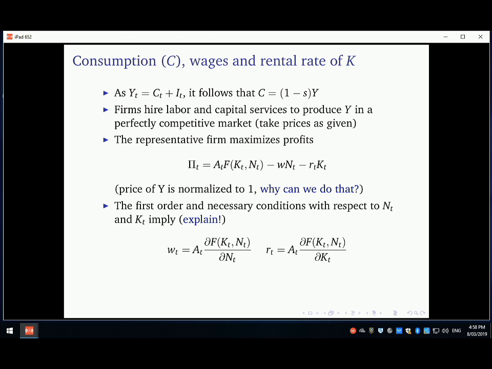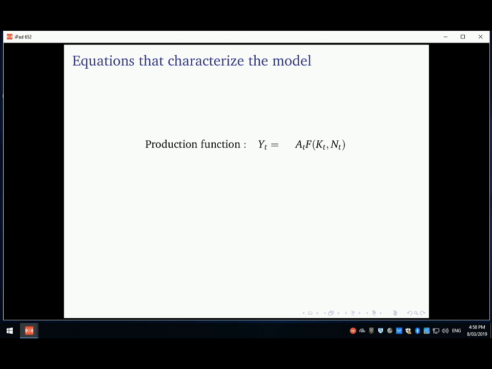In a competitive market, with firms that behave this way, given the decisions of K and N that we observe, we can know what the wage rate and the rental rate are. Is that clear? Okay, so I'll leave that question there for the ones that are curious.